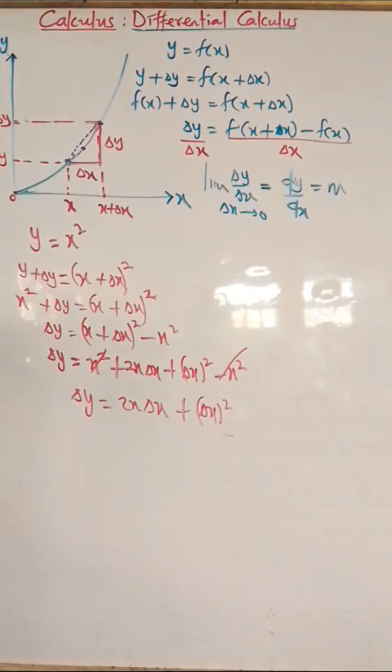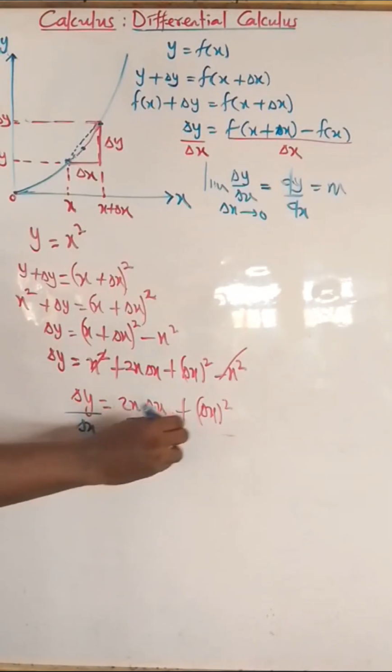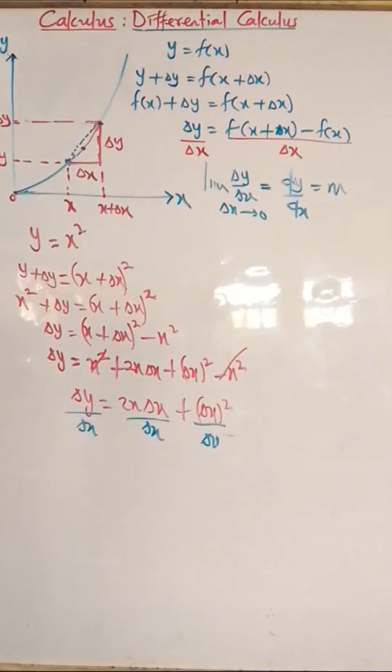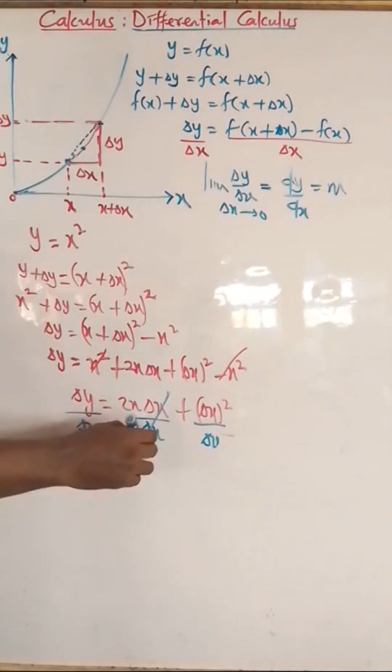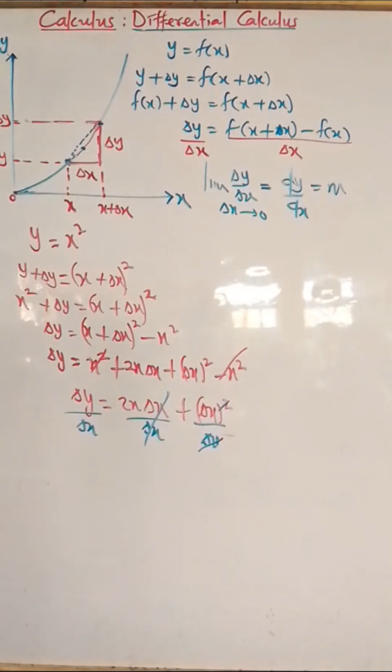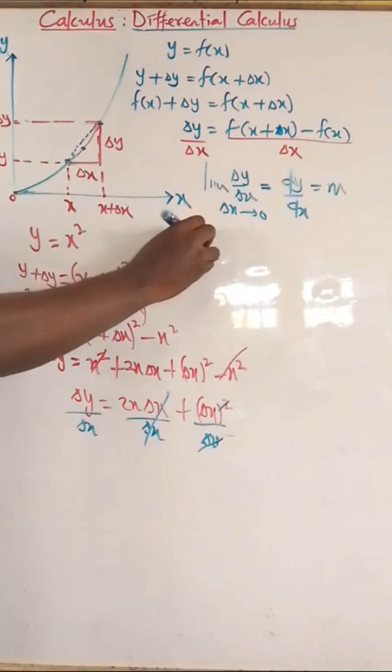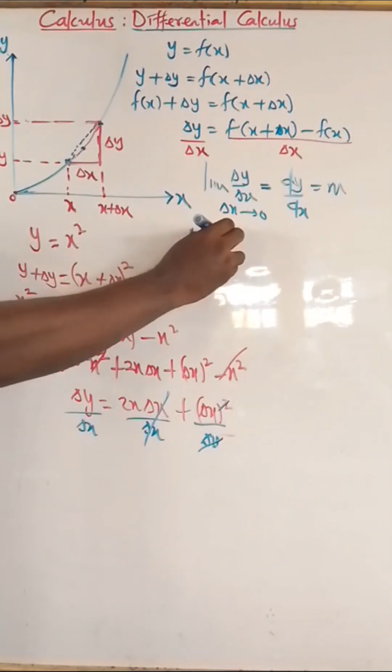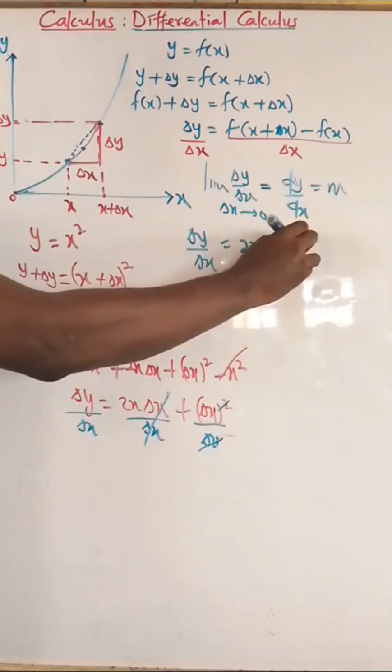Note our aim is to look for change in y to change in x. So we divide by change in x, change in x, change in x. So what happens here? This cancels this. We have a square, so this one takes the square away. So from here, it implies that change in y to change in x becomes 2x plus change in x.